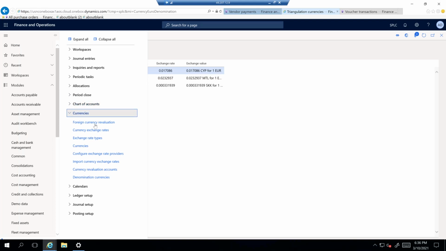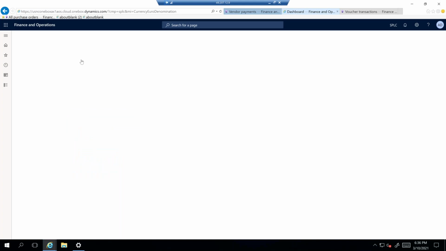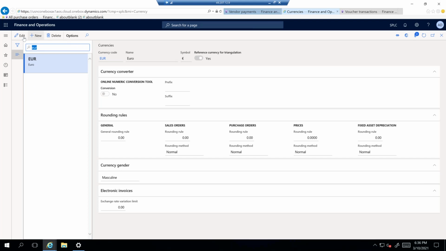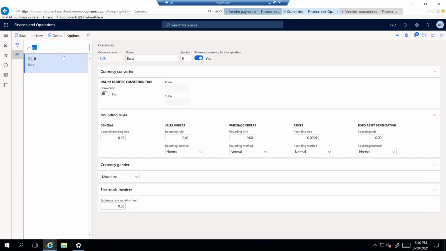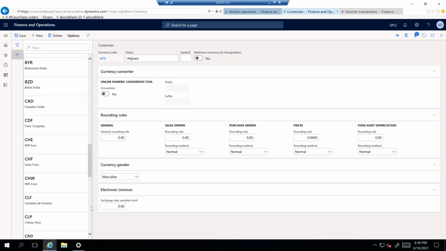Currently, if you go to currencies and click euro, it has triangulation currency enabled. Remaining currencies will not. For all currencies it will be disabled, but only for euros we have enabled triangulation currency.